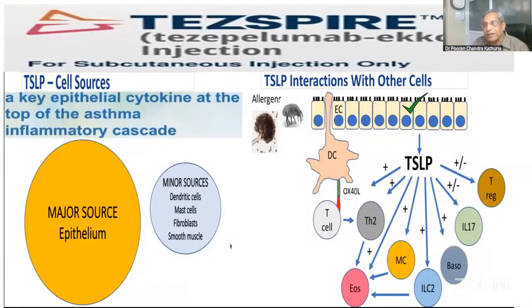So the last is tezepelumab. Tezepelumab acts on an epithelial-derived cytokine. We know whenever there is any environmental insult, the three cytokines IL-25, IL-33, and TSLP are synthesized. The major source is the epithelium, but TSLP is also synthesized by various inflammatory cells.